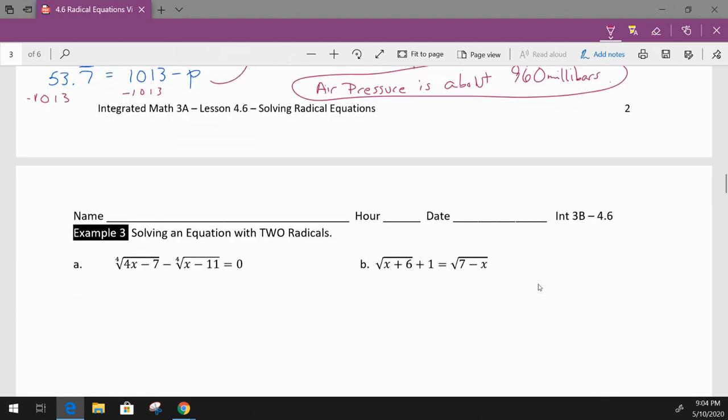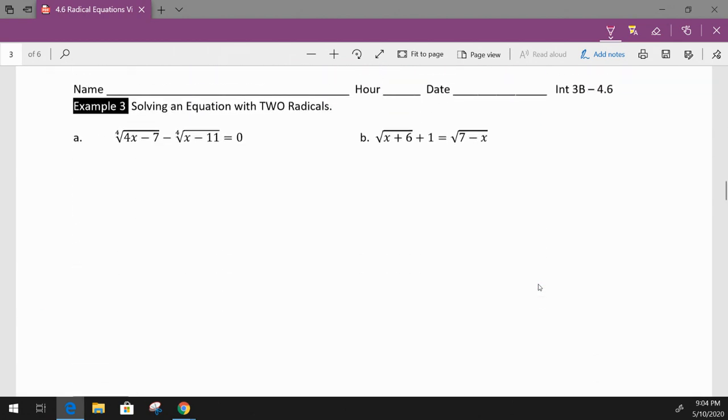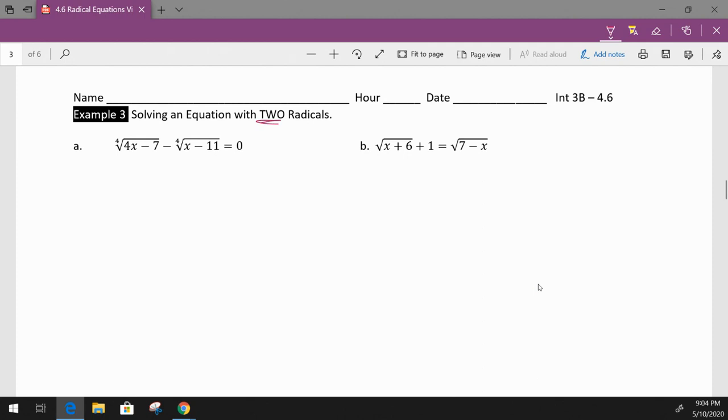Okay. All right, so now we get into the fun ones. We have two radicals. When you have two radicals, it is extremely important that you must have one radical on each side of the equal sign.